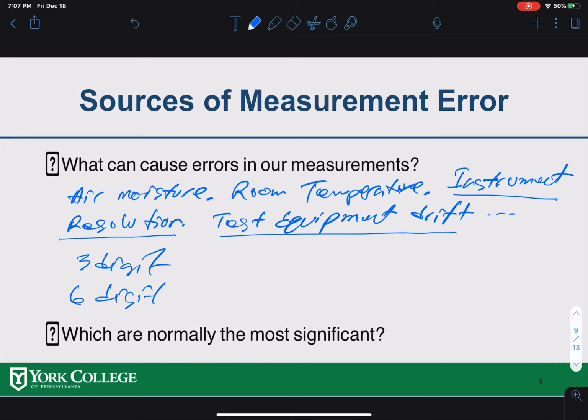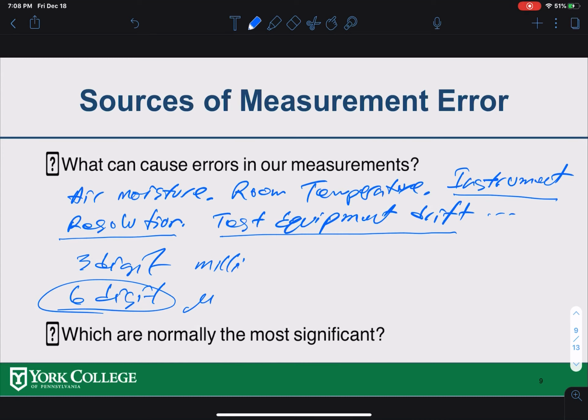Like if you have anything in micro, you cannot read with 3 digits. You can only read milli in 3-digit. For micro, you need 6 digits. So if you're measuring, like say, 20 microamps, you cannot measure with 3 digits. That means that is equivalent to 0 for that equipment.